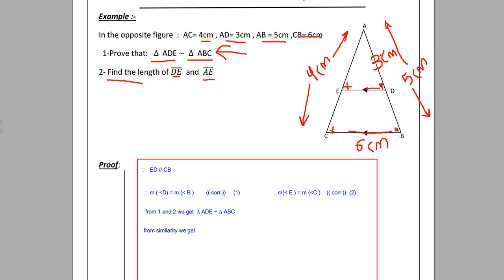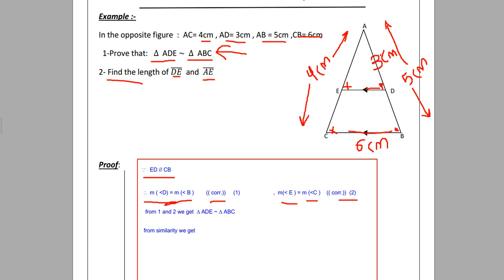They are corresponding angles. So the first step is, since ED is parallel to CB, therefore the measure of angle D equals the measure of angle B, corresponding angles, and the measure of angle E equals the measure of angle C. They are corresponding angles too.